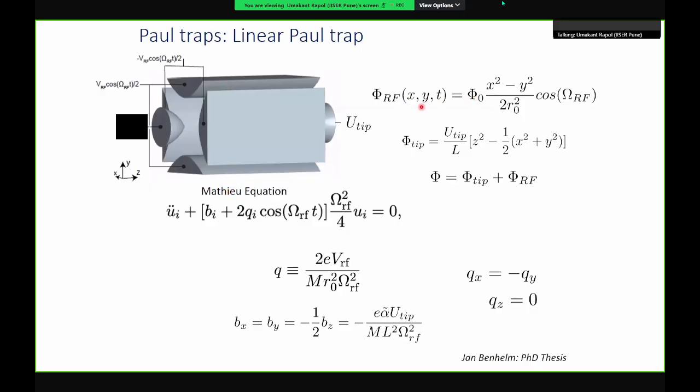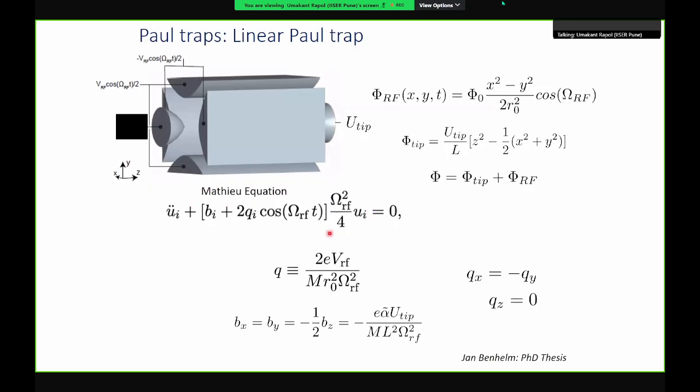The potential is time varying along the x and y direction. It can be written like this, and along the axial direction, it's just a DC potential. There is no time varying component, but the total potential is what you apply along the tips and these linear electrodes. So this is phi tip plus phi RF.